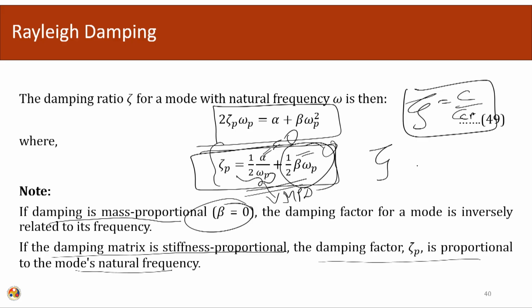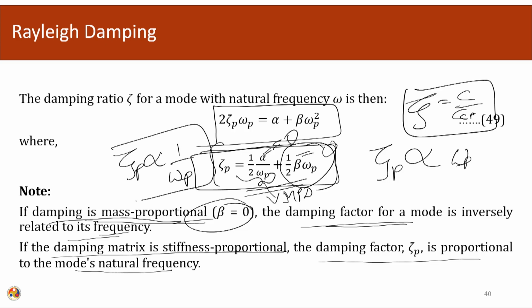So, zeta p will be proportional to omega p, and in the case of mass proportional damping, zeta will be inversely proportional to the frequency. Depending upon what is happening, either the damping factor will be directly proportional or inversely proportional to the frequency.